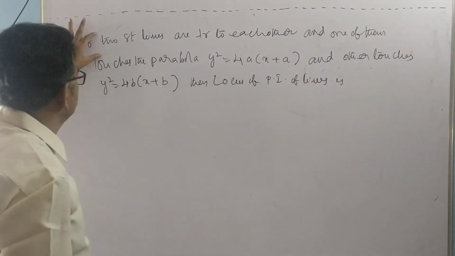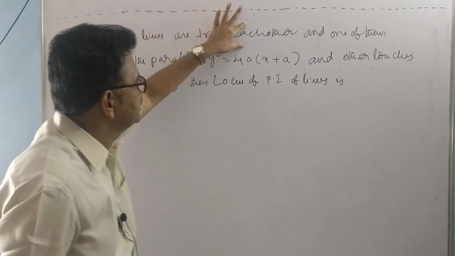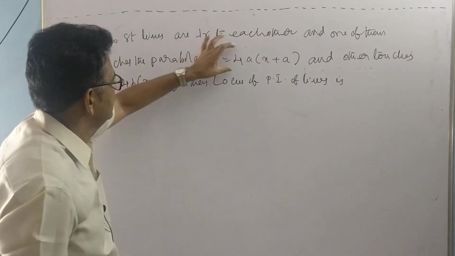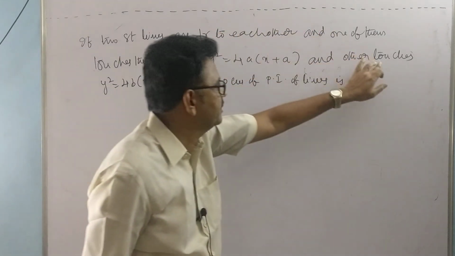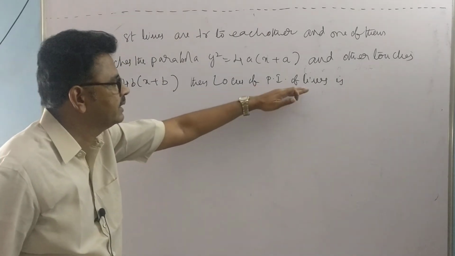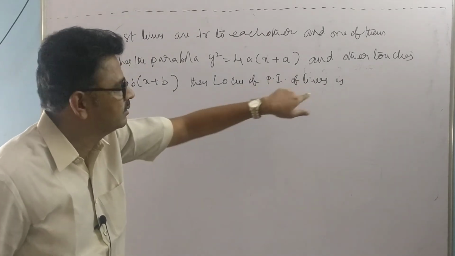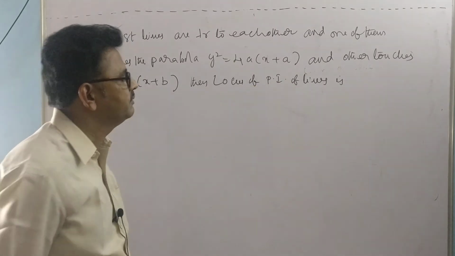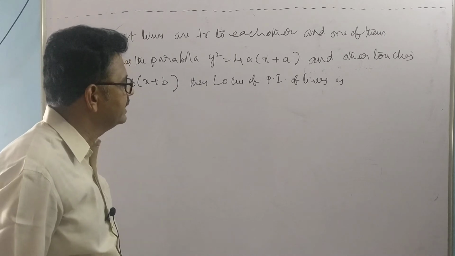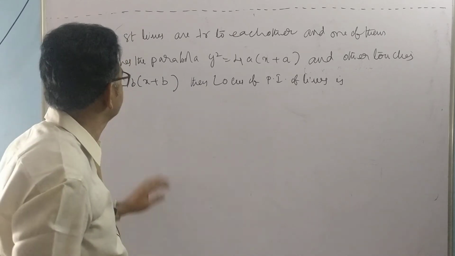Two lines are perpendicular to each other, one touches the first parabola and the other touches the second parabola. Then we need the locus of their point of intersection.